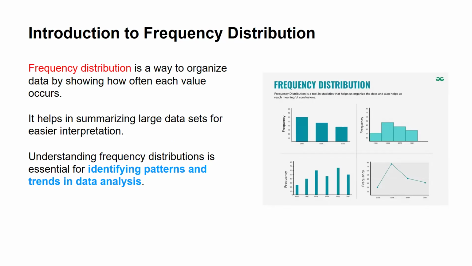What does that indicate? It means that there are 60 individuals born in 1996, indicating that 1996 occurs 60 times. And for 1998, it has a frequency of 50. That indicates that 1998 appears 50 times.